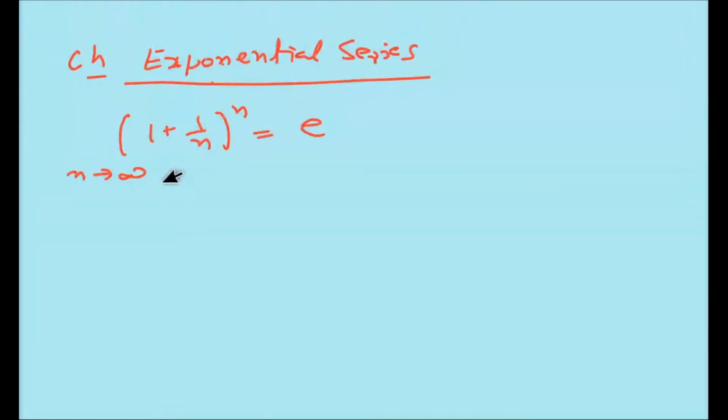Now you can see here 1/n is less than 1. Therefore, we can use the binomial theorem for any index here.